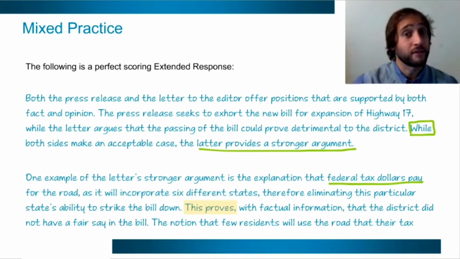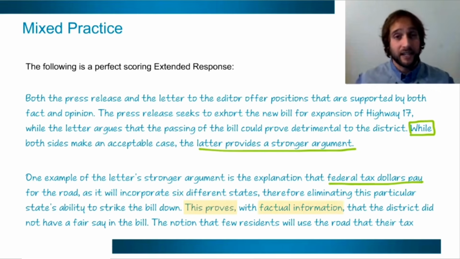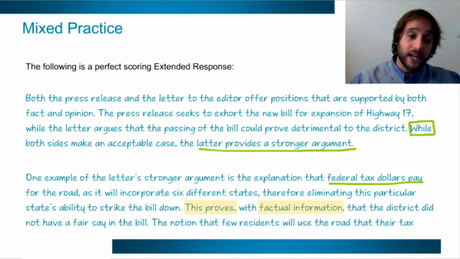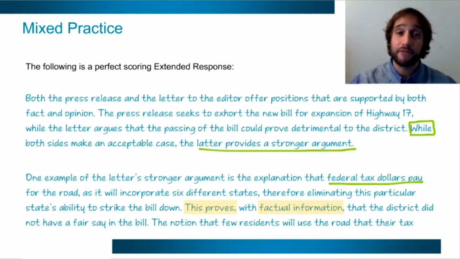You could also say this supports, right? This proves with factual information, so facts, that's not disputed, right? Federal tax dollars are going to pay for this, that the district did not have a fair say in the bill. Okay, well that was a claim that this author made at the end, right? So we're getting to explaining now how that evidence supports that author's claim.